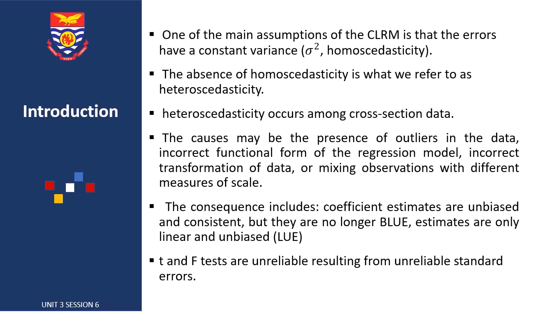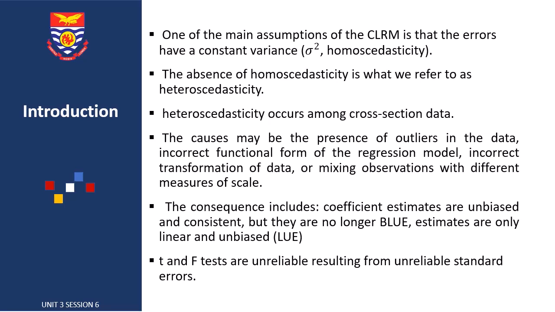But here we are saying that the estimates will be unbiased and consistent, but they are no longer going to be the best linear unbiased estimate. So the presence of heteroscedasticity makes our model only linear and unbiased, but not best linear unbiased.